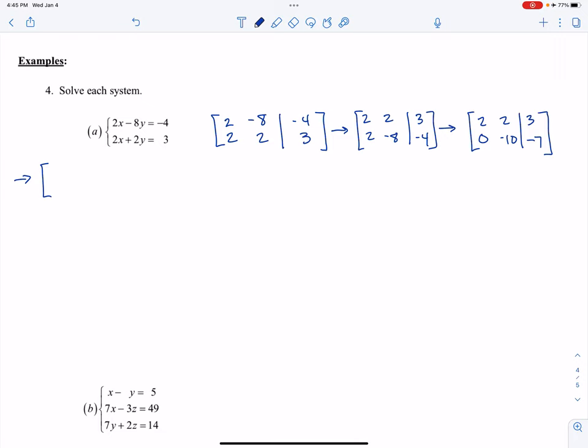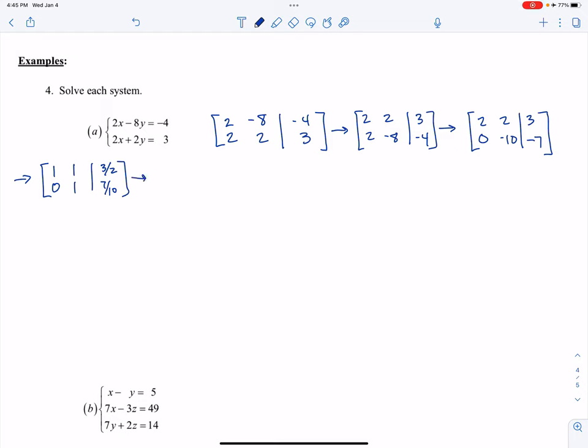Then I'm going to divide the top by 2, so 1, 1, and 3/2. And then I'm going to divide the bottom by -10, that way it's a 1 as well. So -7 over -10 is 7/10.